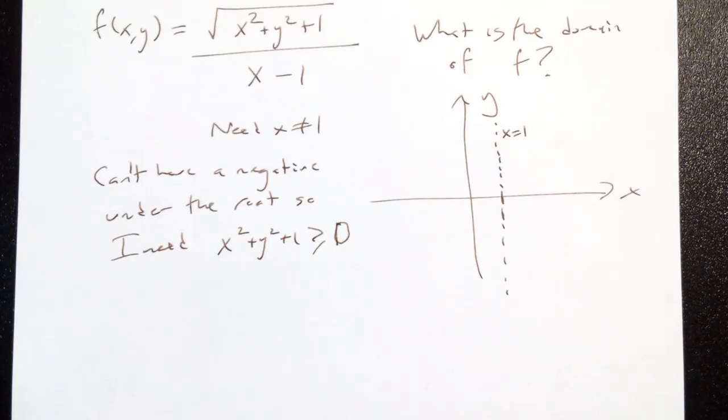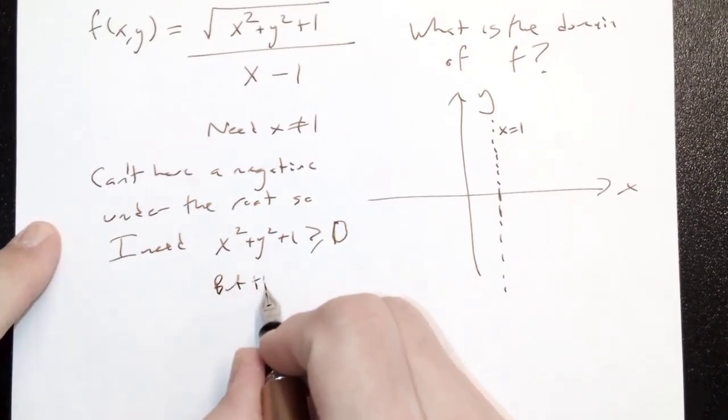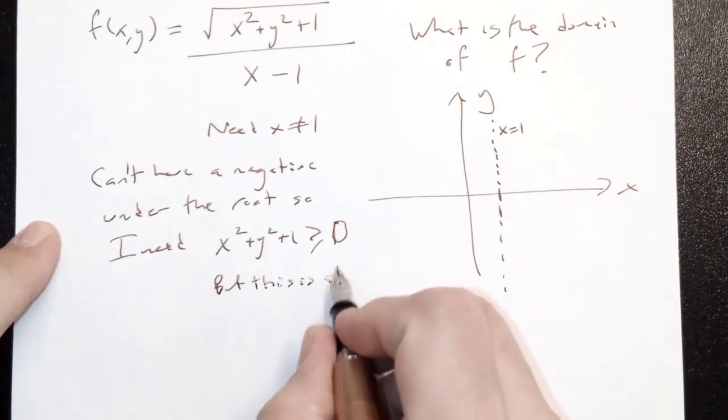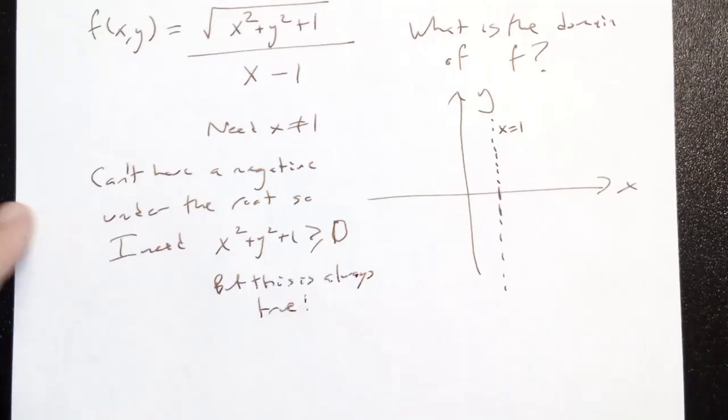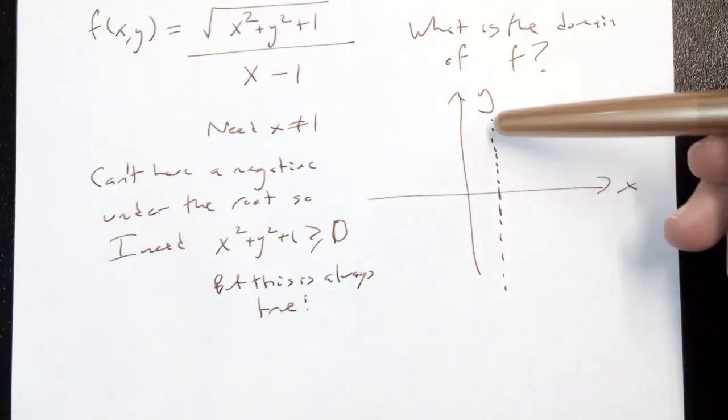And then I'm adding 1, so that's okay. So this always works. And that means that the only problem points we have are here.